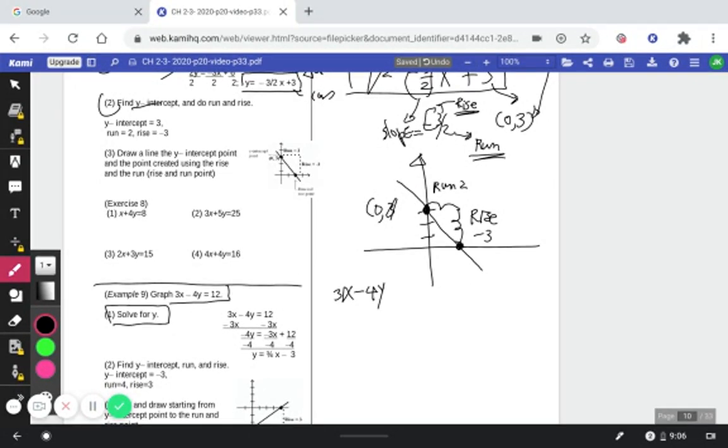So when you have 3x minus 4y equals 12, to solve for y, you move 3x to the other side by doing the inverse operation. So you end up with negative 4y equals, always when there is x and a number, you write the x first, negative 3x plus 12.